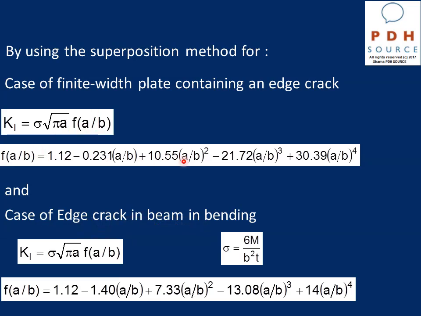These are the equations for the first case, and these are the equations for the second case. All are coming from what we presented before. All that is different here is this function for tension is different than for bending.